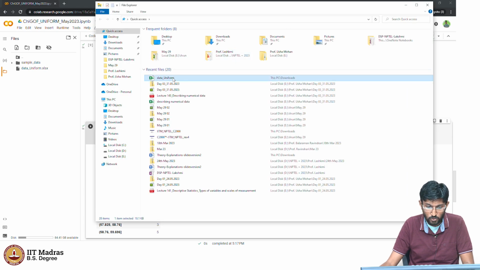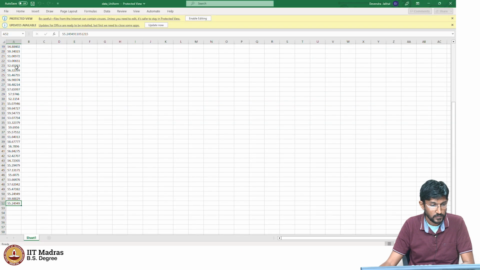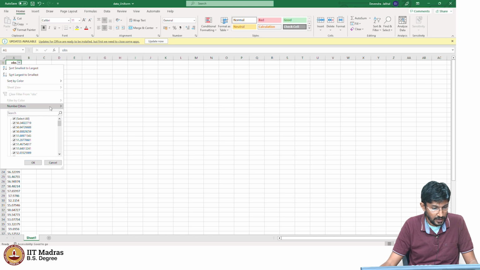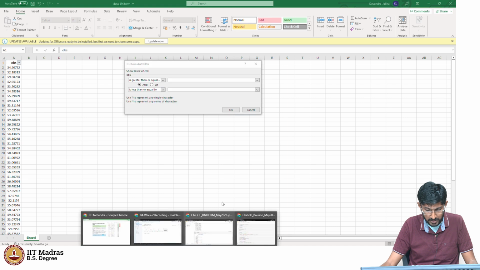So if I just open this uniform data set, and if I add a filter and do a number filter, I will now type the bins into this.